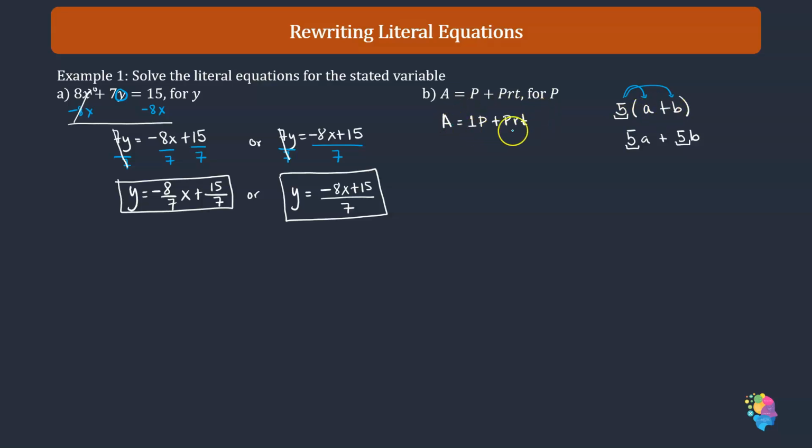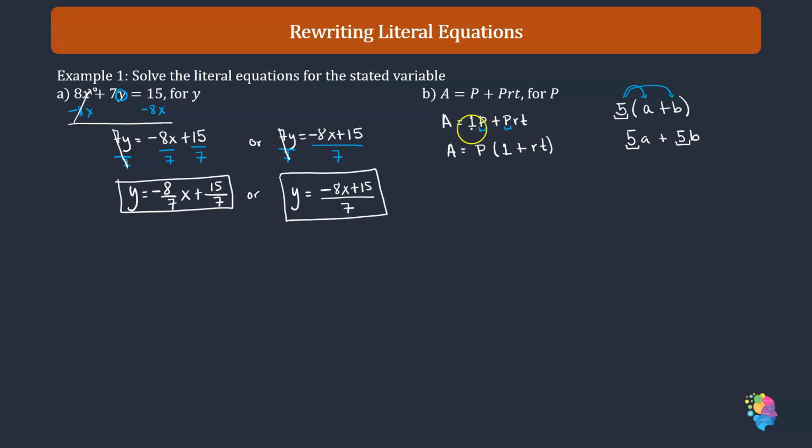So we are going to do the reverse here. Instead of distributing, we're going to go back to take out the p. If I do the backwards distributive property, this would be the same as having a p outside a parentheses, and this p would be multiplied times the 1 and the rt.